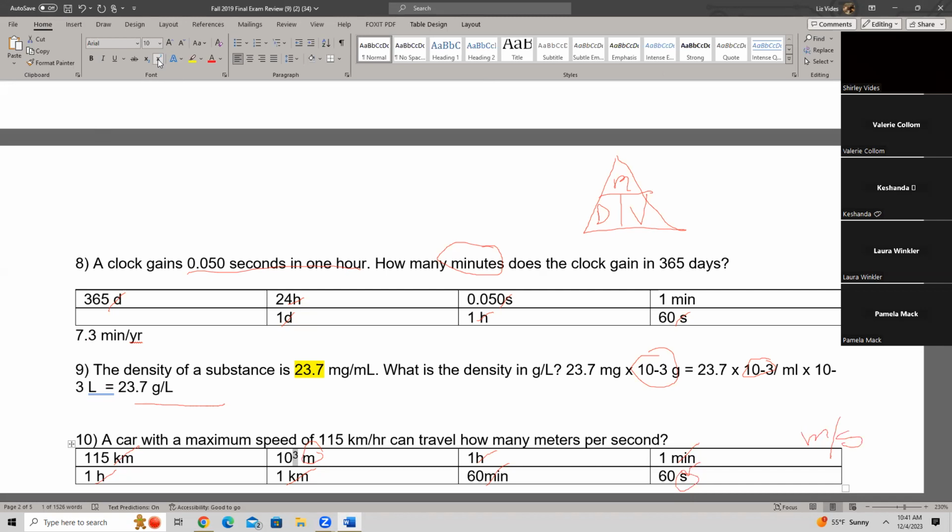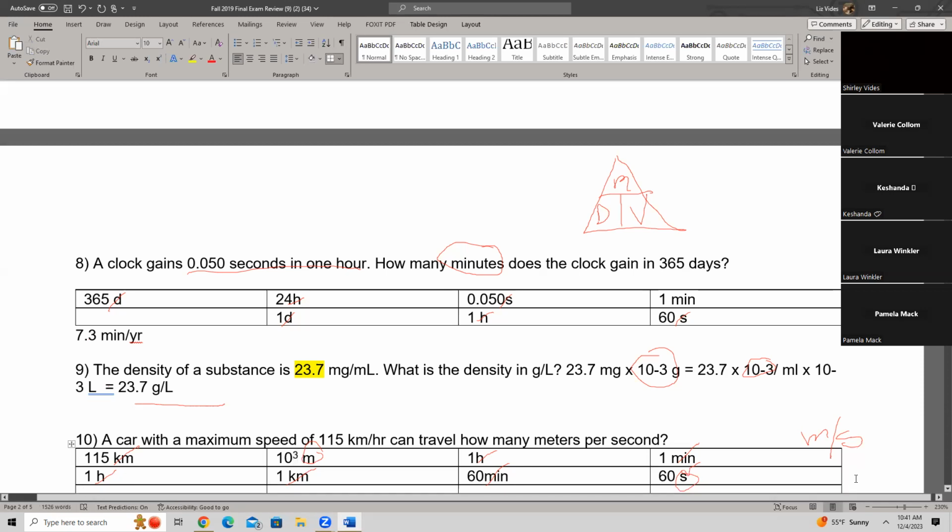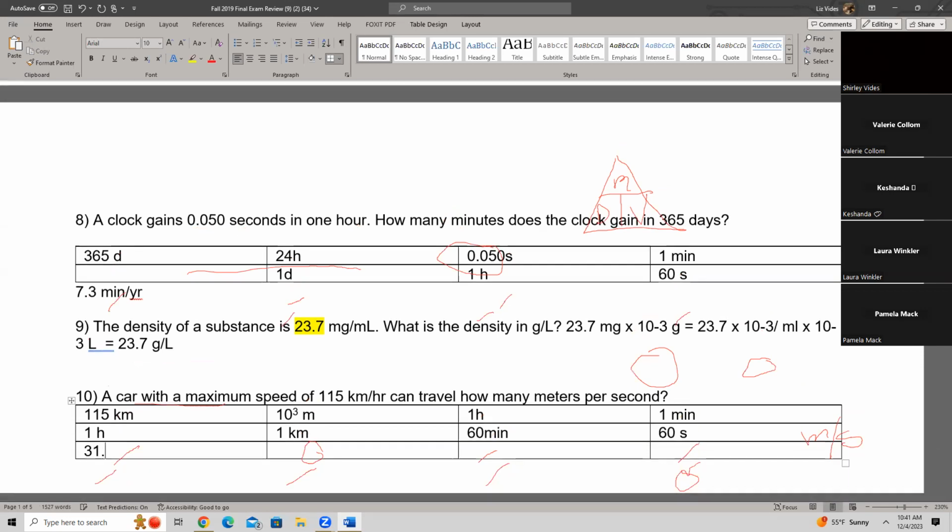I get 31.9. Is that what you got? Did I mess it up again? Not exactly. How did you put that into your calculator? Okay, I'll show you. I'll type it in like I put it in. So I put it in like this. You can put 10 to the third, or you can put 1,000.